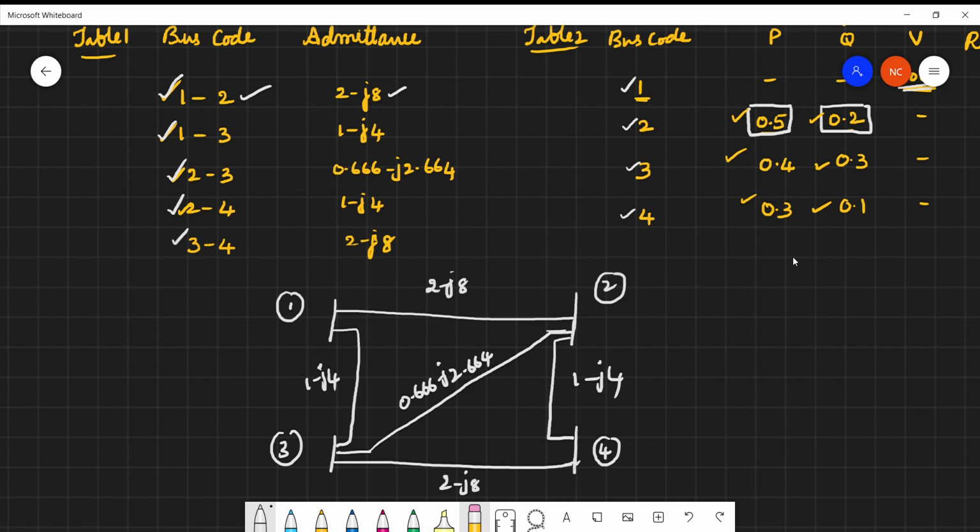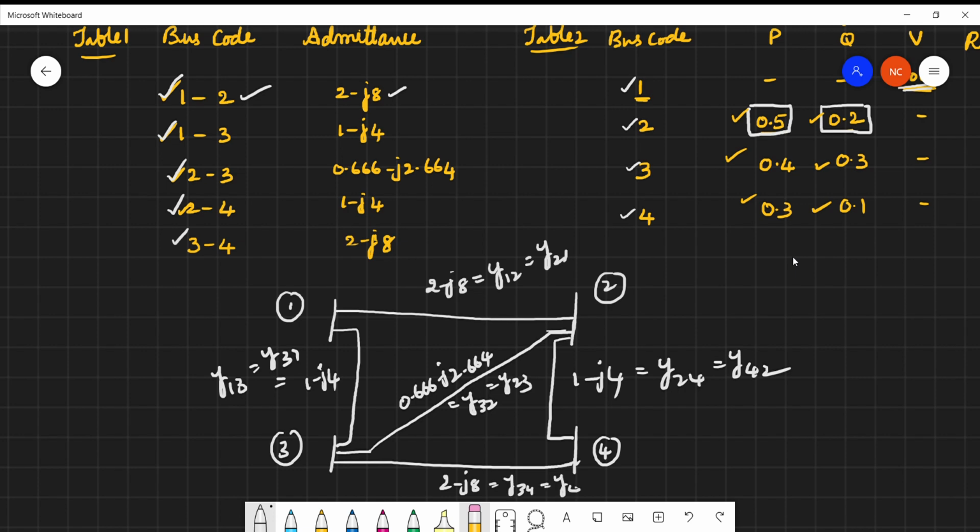This value will be considered as Y12 or Y21. This value is Y24 or Y42. Similarly, for the rest of the elements, 1, 3 and 3, 1. This one is 3, 2, also equal to Y23. This one is 3, 4 or Y43.